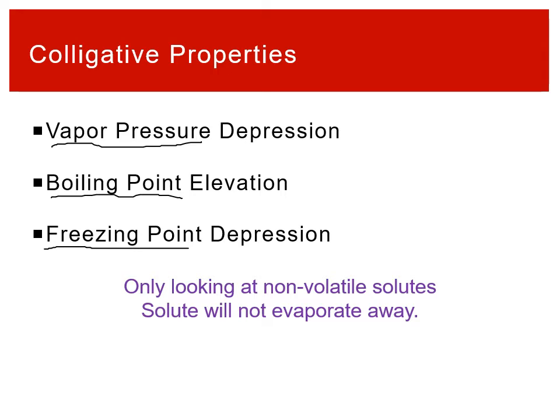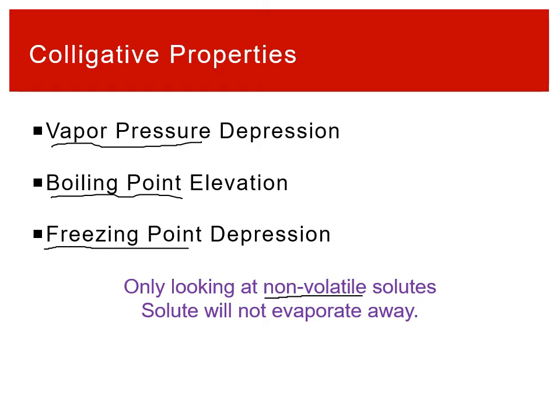One note: when we're looking at colligative properties, we are going to make our lives simple. We are only going to look at non-volatile solutes. Remember, volatile substances are those that evaporate quickly, things with high vapor pressures. Vapor pressure is one of the colligative properties we're going to be looking at, and we don't want to be worrying about the vapor pressure of the solution that comes from the solvent and the solute, because that's difficult.